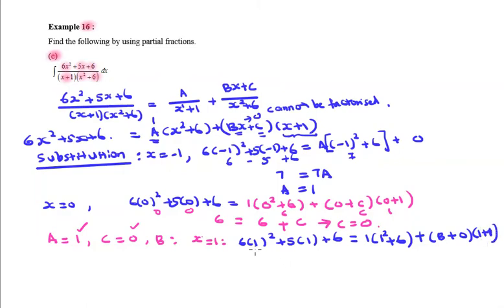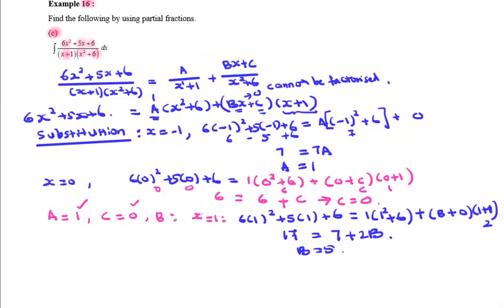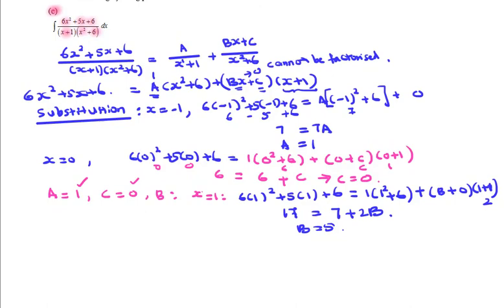Now simplify everything. 6 plus 6 plus 5 is 17, equals 1 plus 6 is 7, plus 1 plus 1 is 2, 2b. 17 minus 7 is 10. 10 divided by 2 is 5. So b is equal to 5. That's how we obtain the values of a, b, and c.